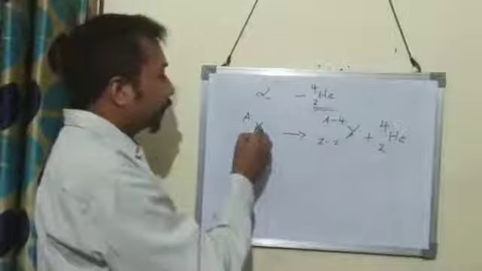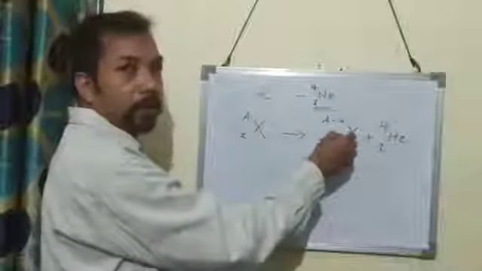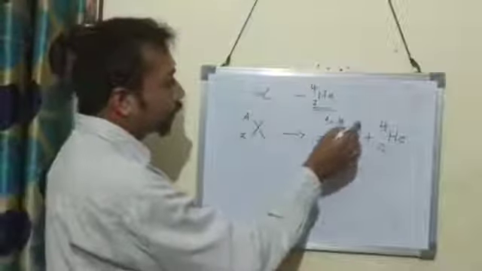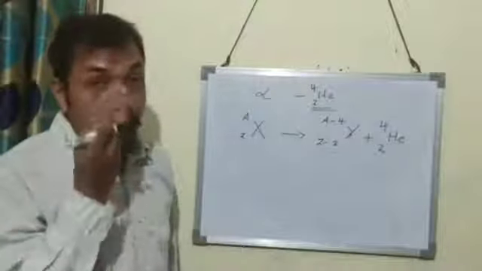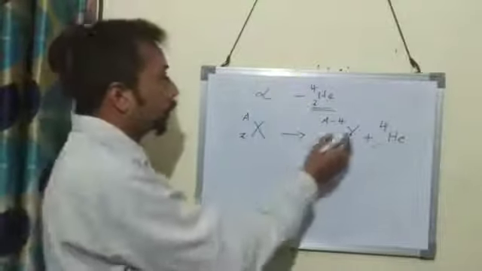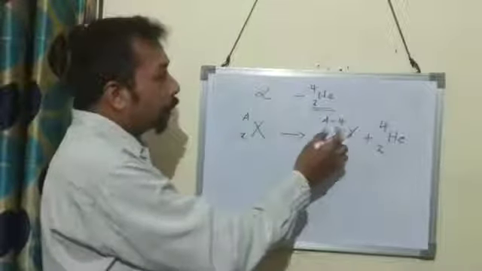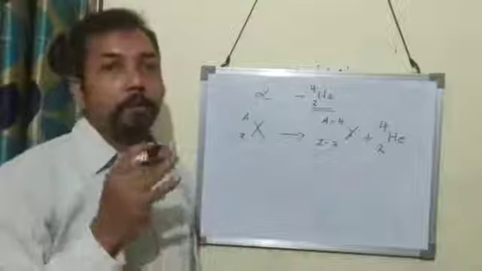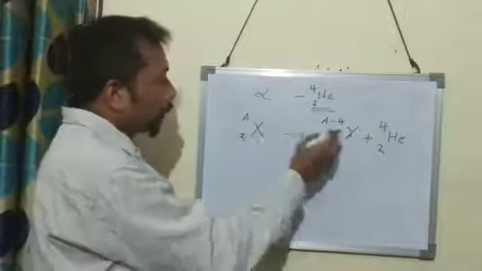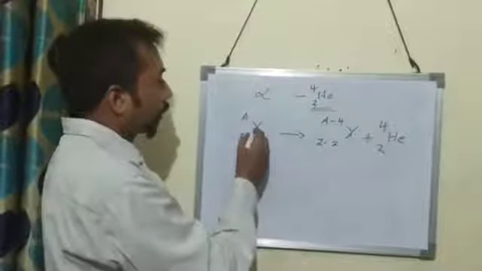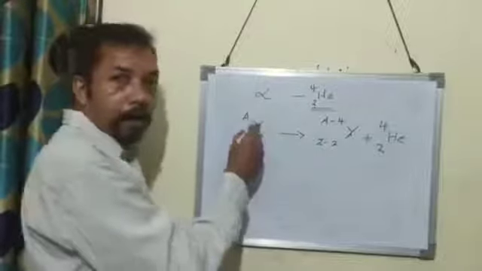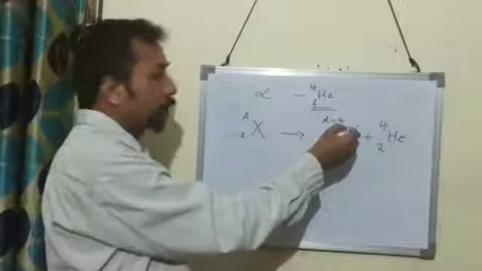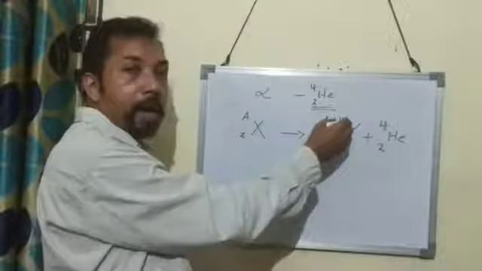If you write X here, don't write X here too. If you write X on both sides, the equation is not possible, because it would mean two elements with different atomic numbers and different mass numbers. So if you write a particular alphabet here, don't write that same alphabet here. Use another alphabet.